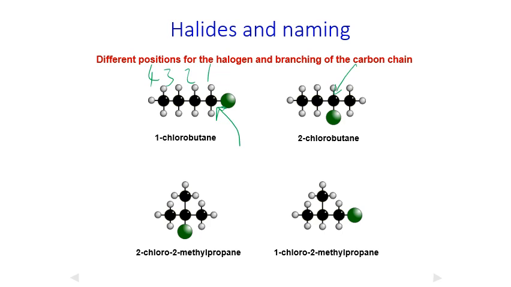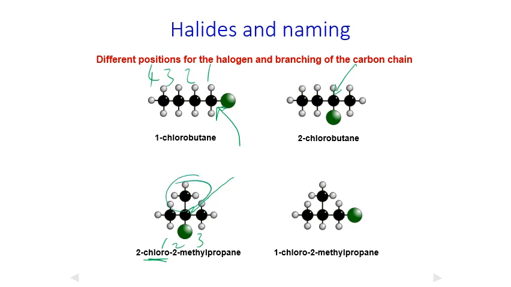So in terms of branched alkanes, the first prefix is the halogen, with the lowest number, which would be 2 in this case. The longest chain is 1, 2, 3, so that's why it's propane.